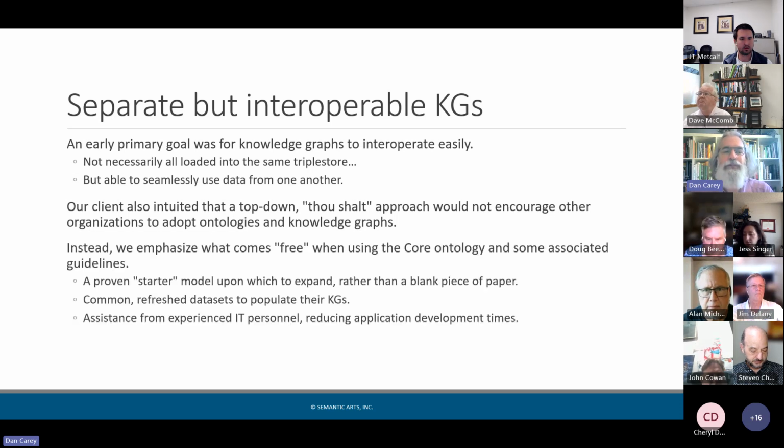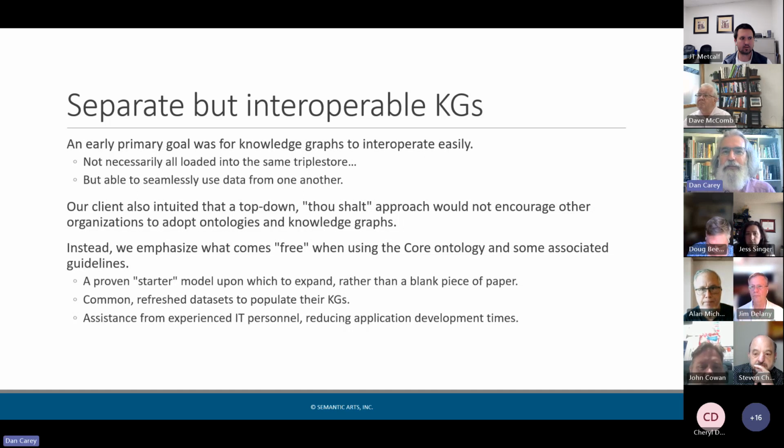But instead, we want to emphasize some of the things you get with the core and with some of the guidelines that we would provide. So the pitch we would use is, if you're using the core, you've got a proven starter ontology. We've done it here at Morgan Stanley multiple times with great success. You don't have to start on a blank sheet of paper. And this is also a very comforting thing to the person who's going to have to work with that blank piece of paper.